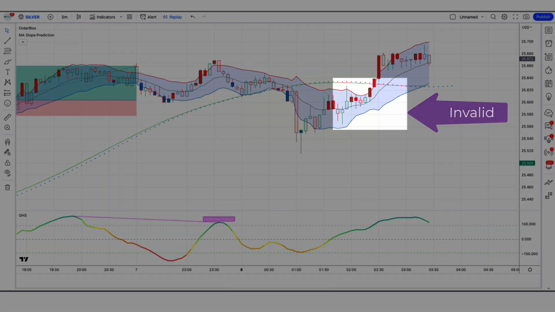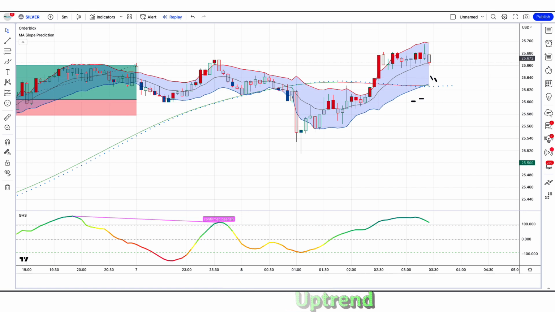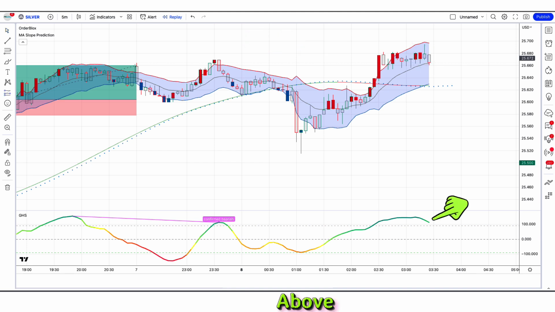This is an invalid area, so we will not take any trade here. The MA Slope Prediction indicator changes from downtrend to uptrend. The market crosses up over the middle line of the order blocks indicator. The God Hunter Scalping indicator histogram is above the zero level. All these conditions are met, so we will place a buy order.